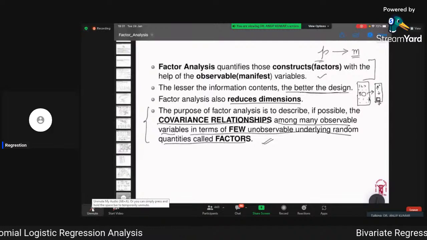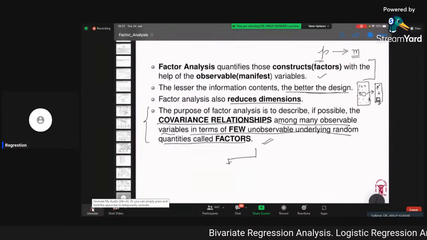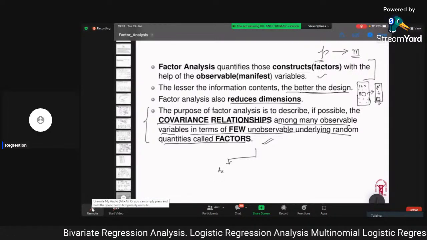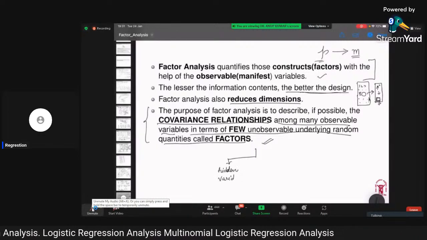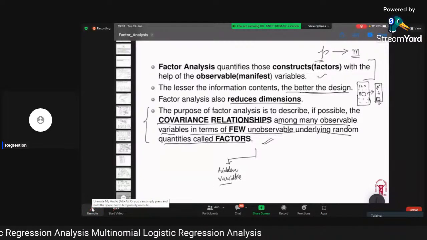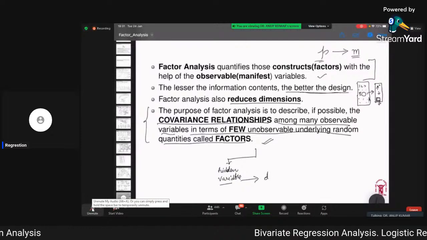So what does factor analysis do? Factor analysis tries to quantify hidden variables, and because of this it is also used for dimension reduction.